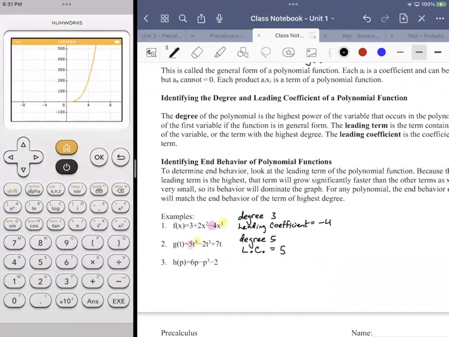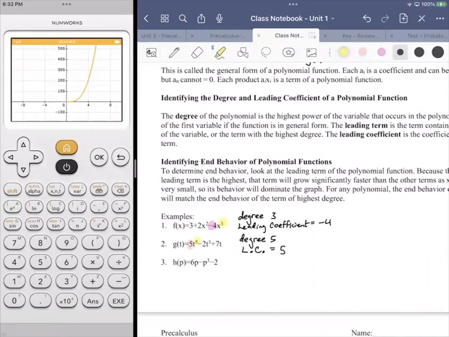All right, and the reason we need to know this is because how the first term of a polynomial behaves, the degree and the leading coefficient, it drives the ship. The rest of the polynomial is going to behave in that way. There'll be some variations for small values of x, but the more extreme values of x are actually going to behave the same way. Whether it's x or t or p, it doesn't make a difference.